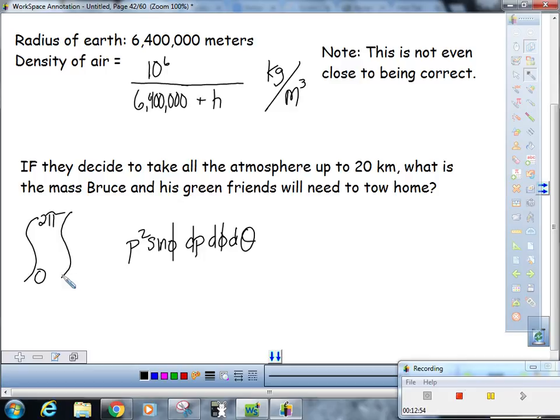I don't think so. If we go 0 to 2 pi, you're going to start double tracing. This is where polars gets weird. We went all the way around our waist.